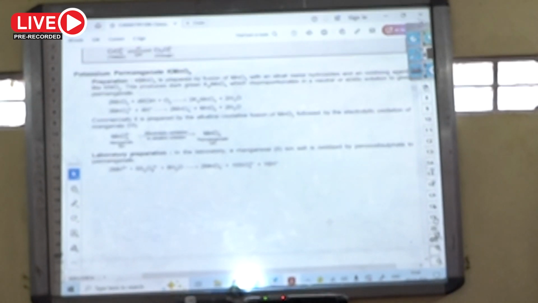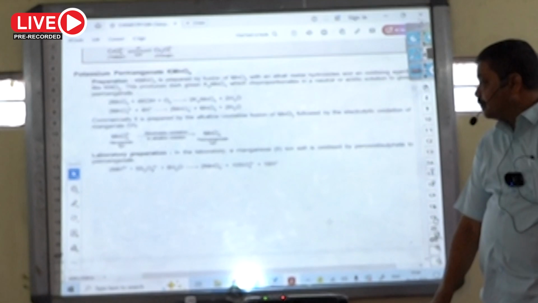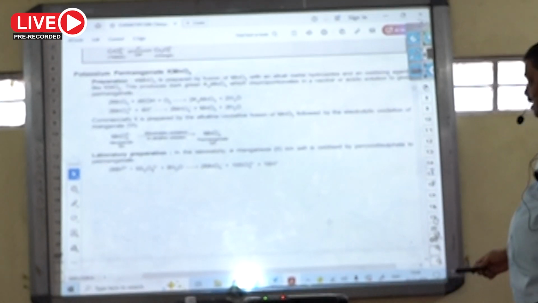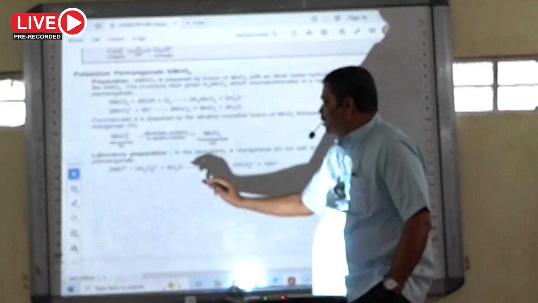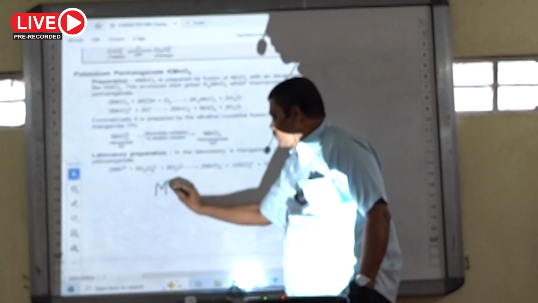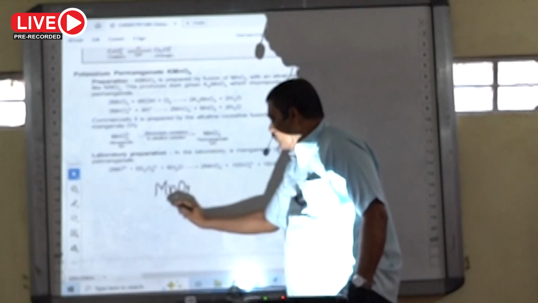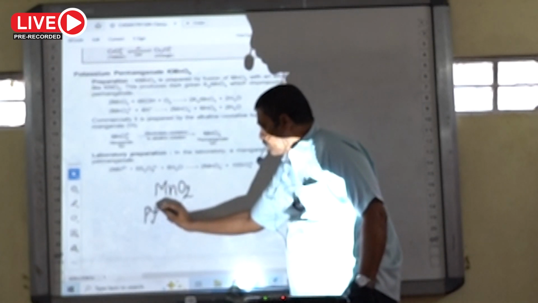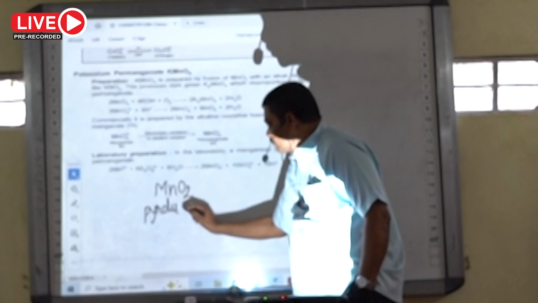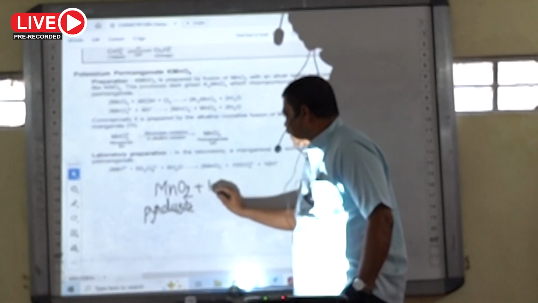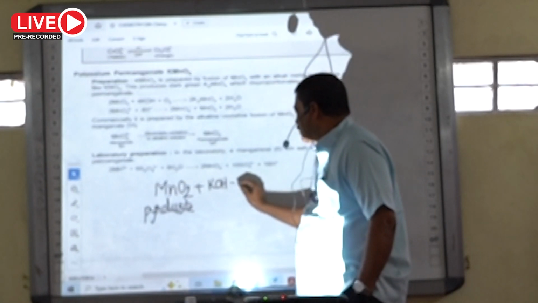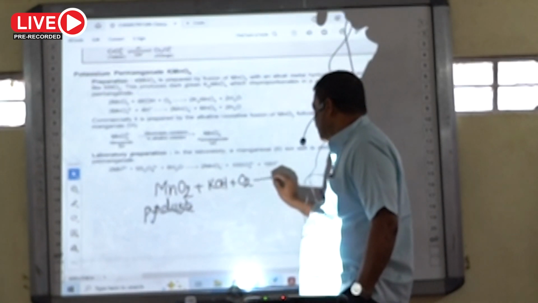The first step: pyrolusite, MnO2, is called pyrolusite, is fused with KOH in the presence of oxygen.